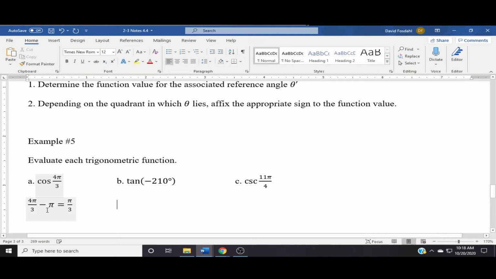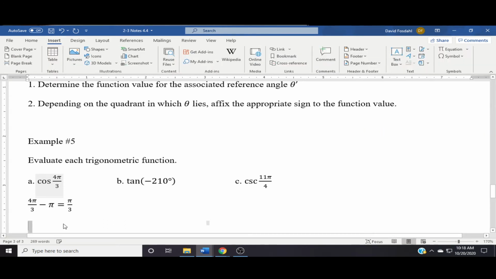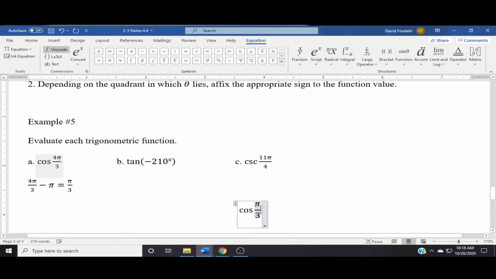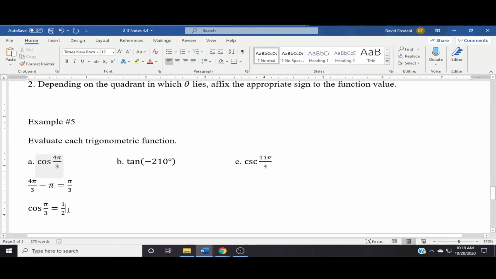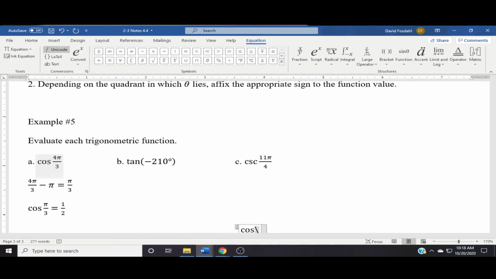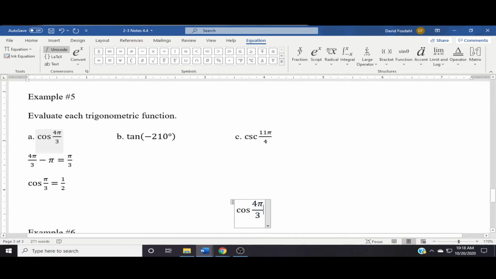And then if we have a reference angle, what's cosine of pi over 3? That would give us 1/2. But we also have to remember what quadrant, and this is in quadrant 2. So cosine is negative in quadrant 2. So cosine of 4 pi over 3 is going to equal negative 1/2.